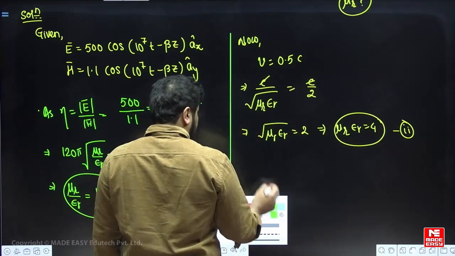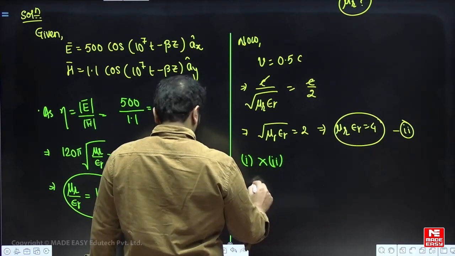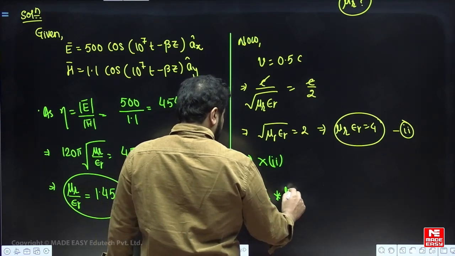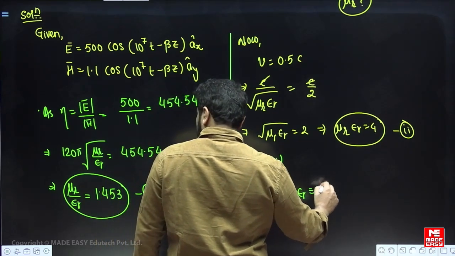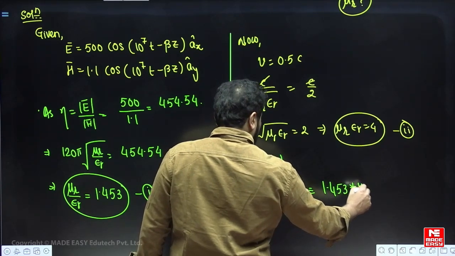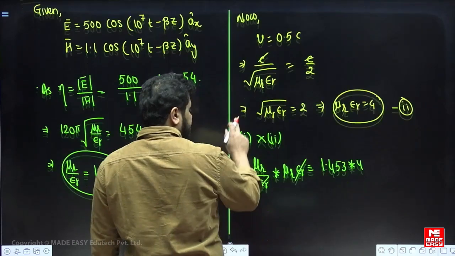So if I multiply 1 and 2, mu r upon epsilon r into mu r into epsilon r, is 1.453 multiplied by 4, right. So here you can see that epsilon r is getting cancelled.